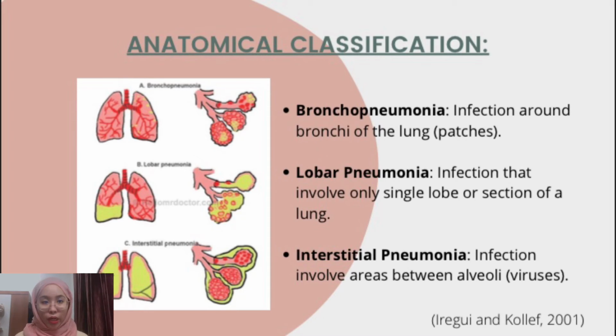For lobar pneumonia, the infection only involves a single lobe or section of the lung. The third one is interstitial pneumonia. Interstitial pneumonia happens when the infection only involves areas between the alveoli, and this is commonly caused by viruses. As you can see in the diagram beside, the infection area is the yellow one.